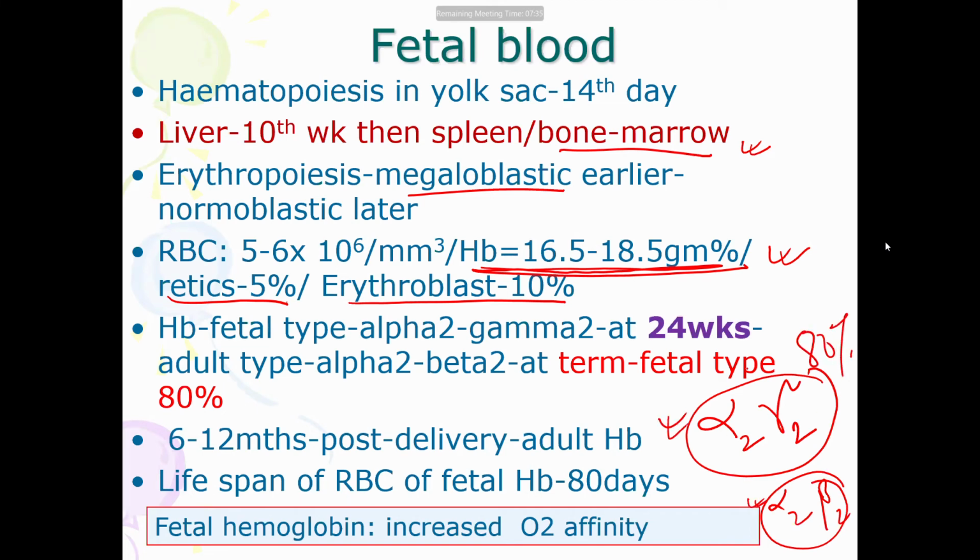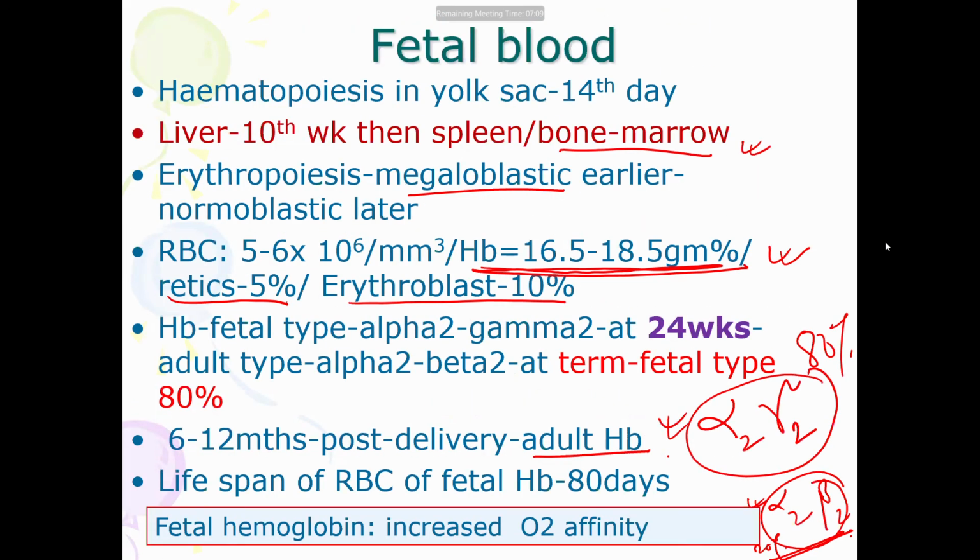And at term, when we measure the hemoglobin type, it's 80% fetal hemoglobin, and just 10 to 20% is adult hemoglobin. After delivery, around 6 to 12 months, it is replaced by adult hemoglobin, that is 2 alpha and 2 beta.